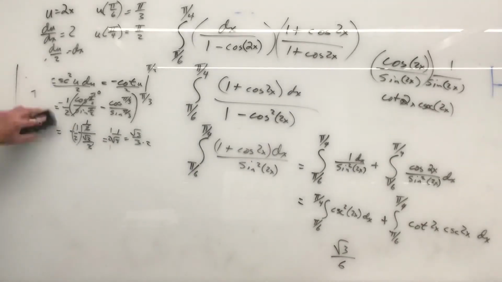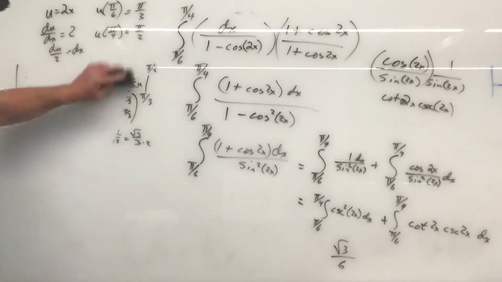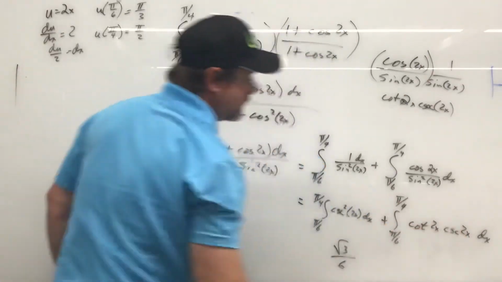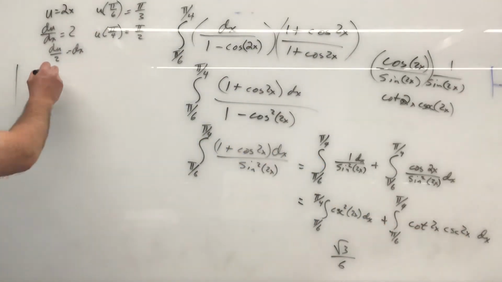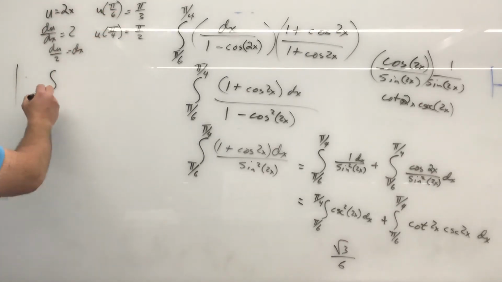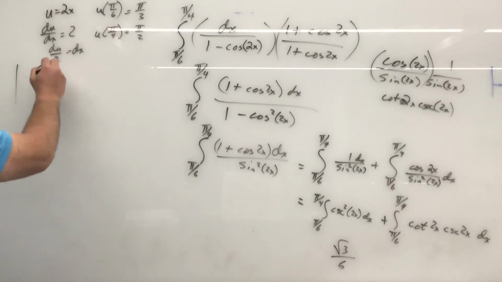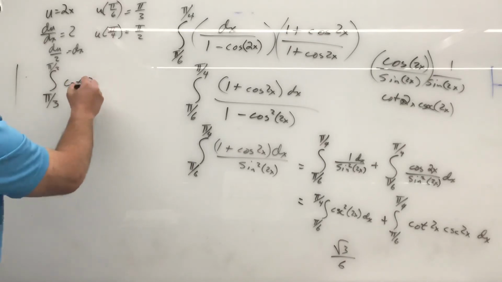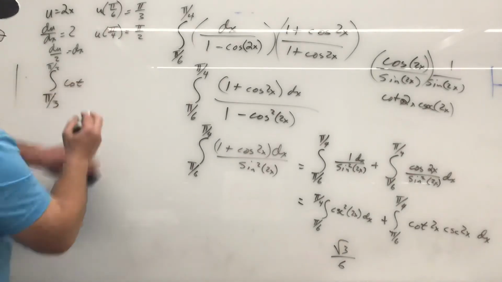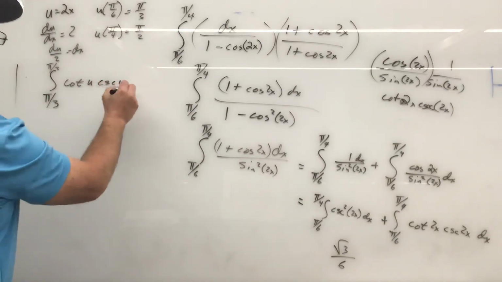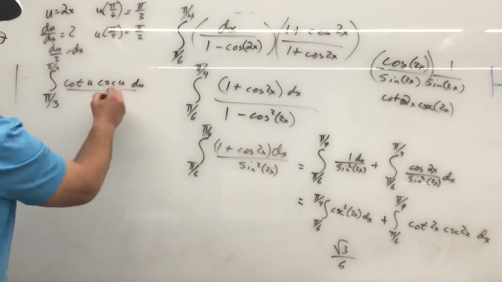Okay, same thing with the other one. Same substitution, because I still have this 2x, which is irritating me. And I say, well, I have the integral, and all of this, same change here, from pi over 3 to pi over 2. And that is cotangent u, cosecant u, du over 2.